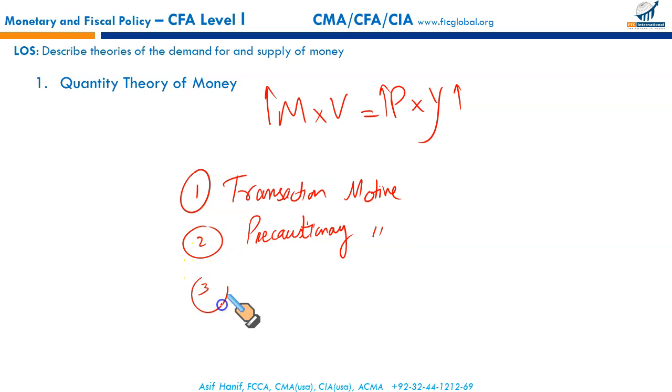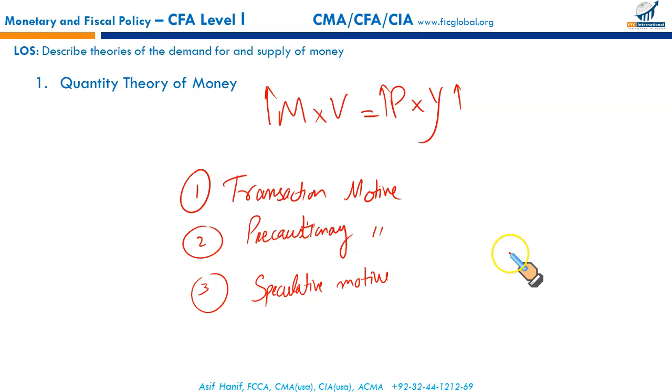And the third one is an interesting one. This is called the speculative motive. Speculative motive means you demand money for speculation in the future. For example, I might get a future possibility of making sizable profits if I have cash.